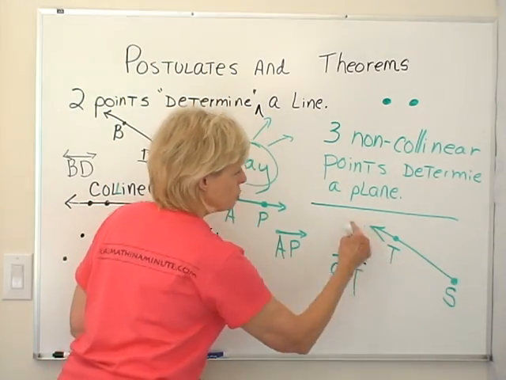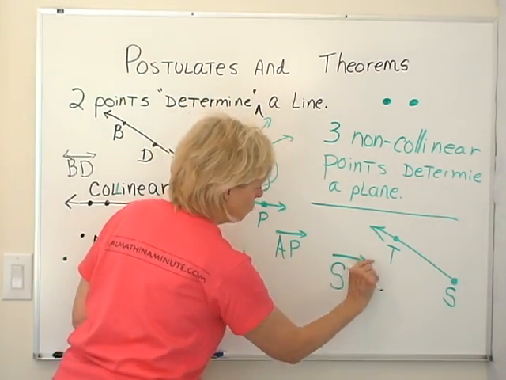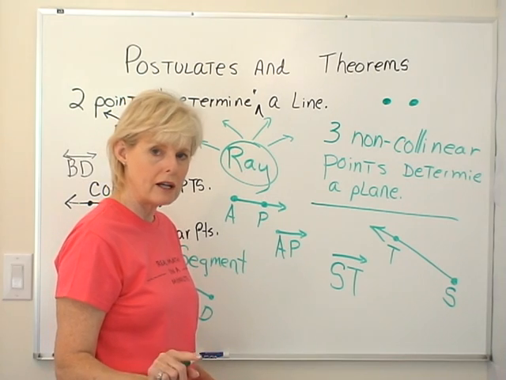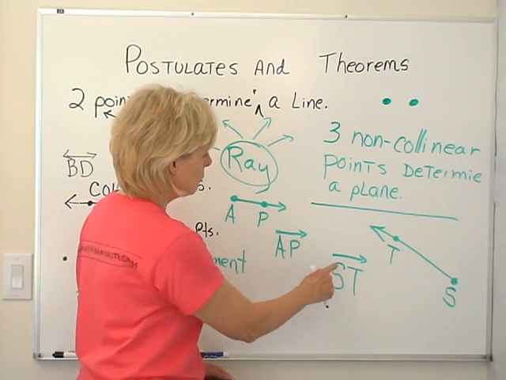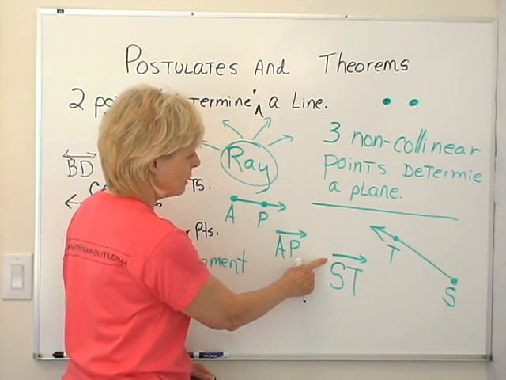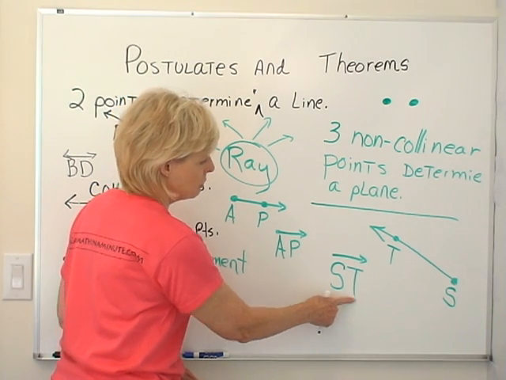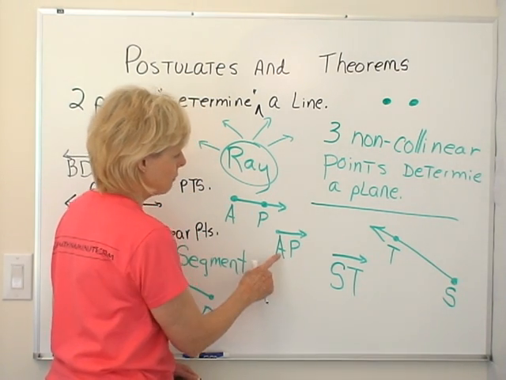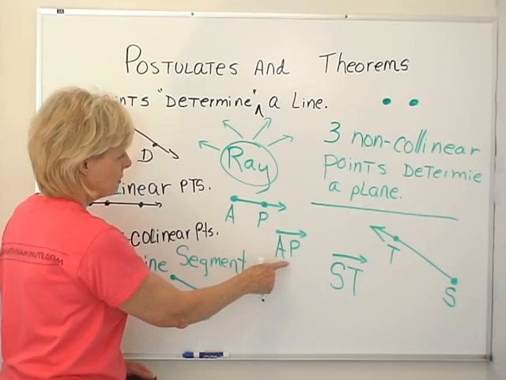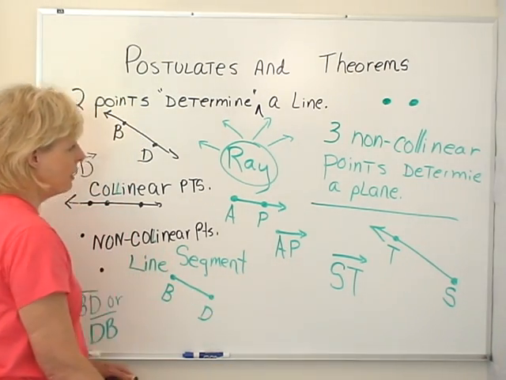It doesn't matter which direction this might point, the ray symbol always points to the right over the letters. So we will understand when we see this is a ray starting at point S, continuing through T forever, or starting at point A, continuing through P forever.